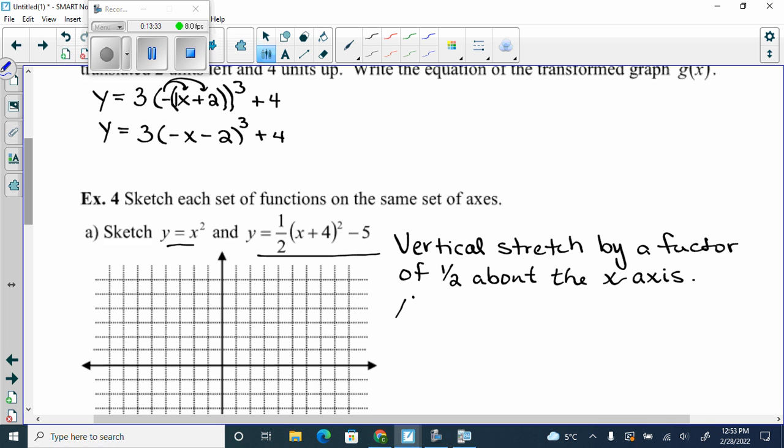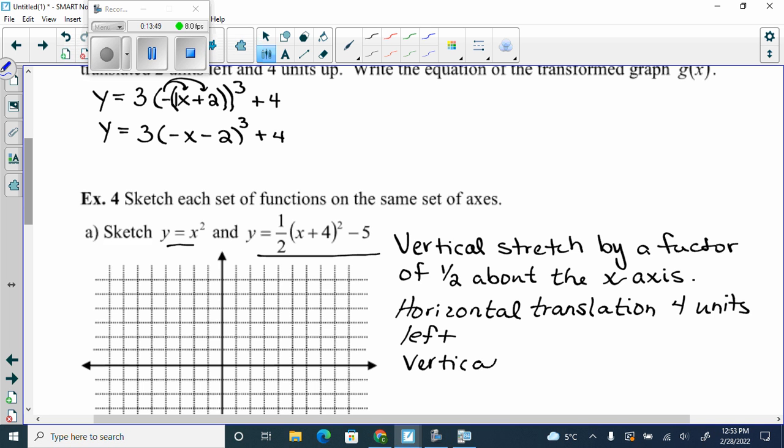And then we have a horizontal translation four units left. And a vertical translation five units down.